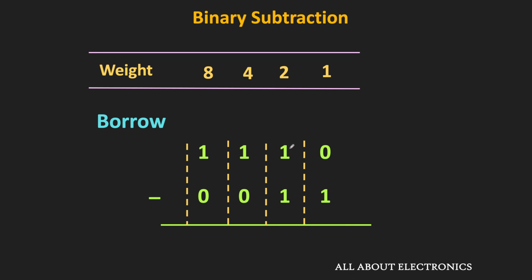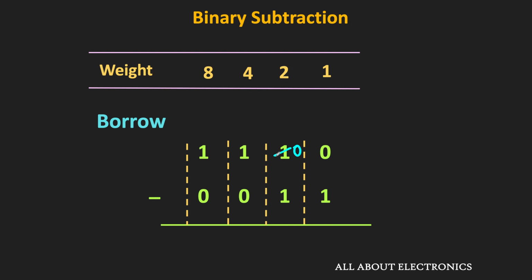Alright, so now to take the borrow, if we go to the twos column, then indeed there is a 1 in this twos column. And therefore, we can borrow this 1 from the twos column. Once we borrow from this twos column, we can replace this 1 by the 0, because now this 1 will be given to the ones column. Now one more thing: the weight of this 1 in the twos column is equal to 2.